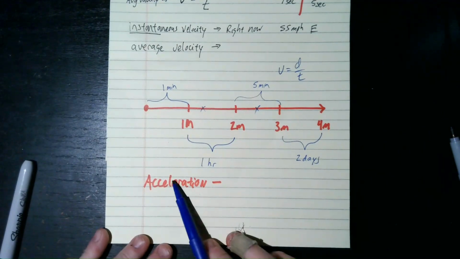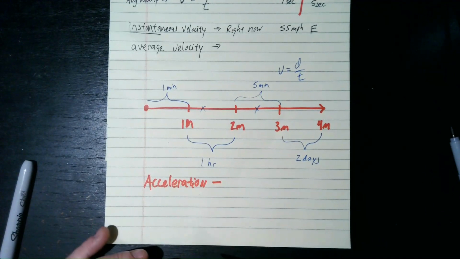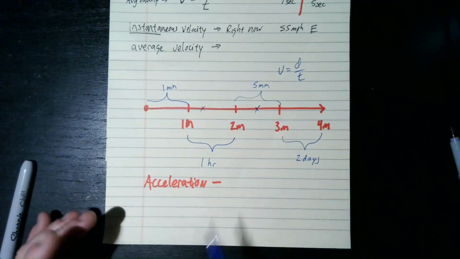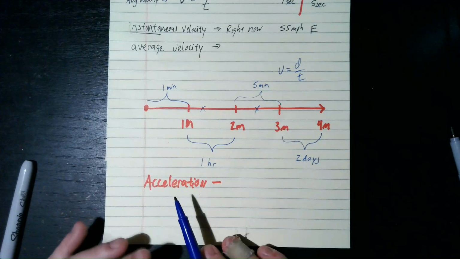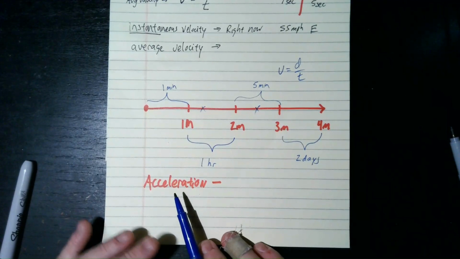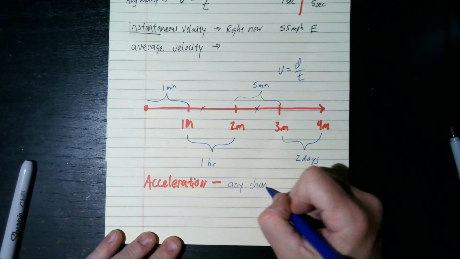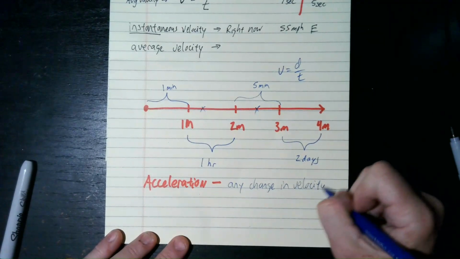This leads us to our discussion of acceleration. Acceleration, we know in everyday terms, means speeding up. You press the accelerator, you go faster. However, in a physics sense, we need to be very careful about how we define acceleration. The definition of acceleration is any change in velocity.